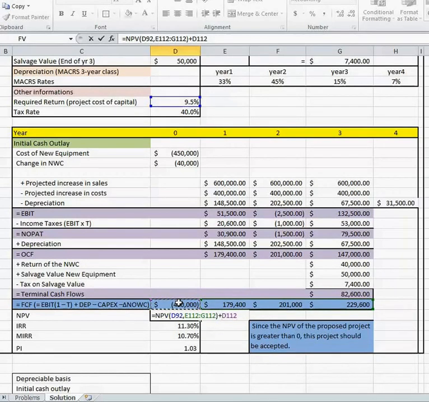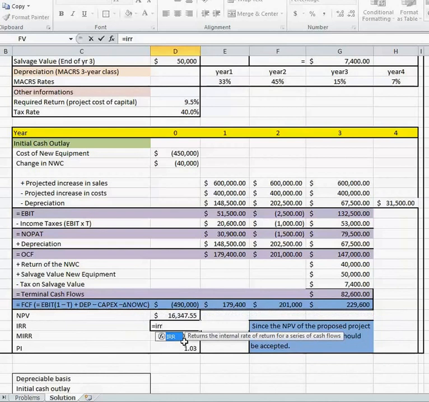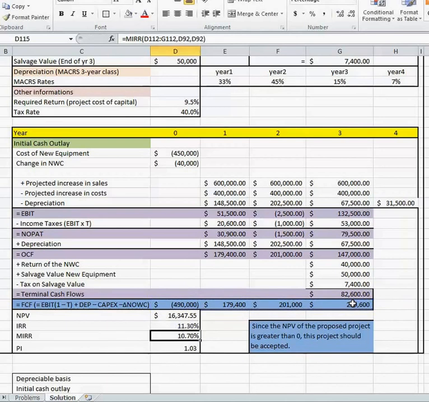So here is our net present value. Our internal rate of return equals: you start with IRR and select all the values here, and this is your internal rate of return.